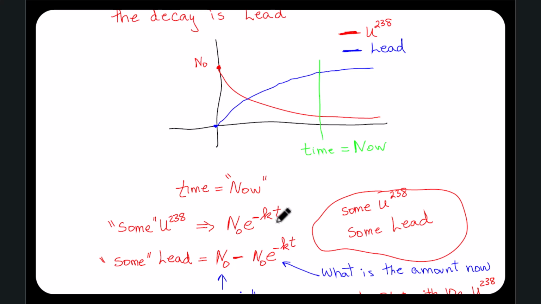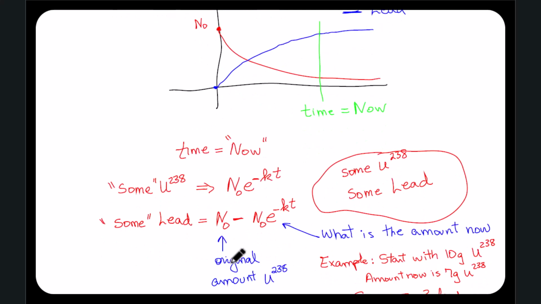Now, how much lead is there now? Well, let's see. We started off with N0 amount, we've lost some uranium, and so the amount of lead that's in there is what we started with minus how much uranium is there now.